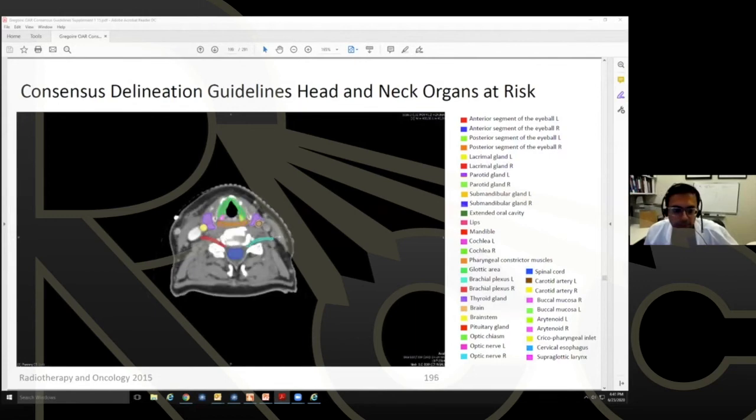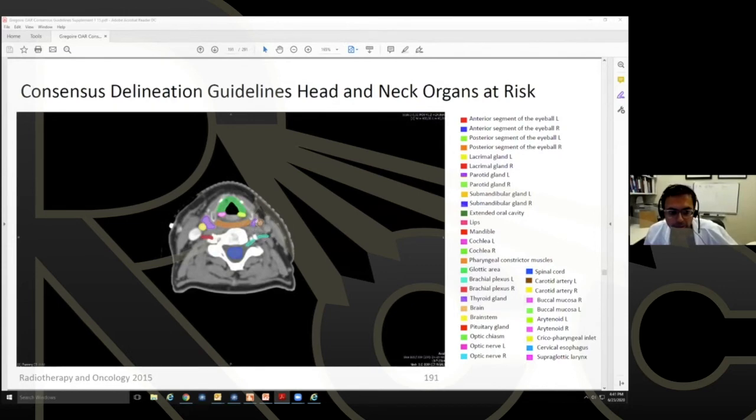So that's an important thing to note, is that when you need to cover these lymph node spaces and you draw your OARs like the thyroid and such, I'm not going to worry about trying to spare the thyroid gland or the brachial plexus. I need to draw up to those borders and accept my tolerances.